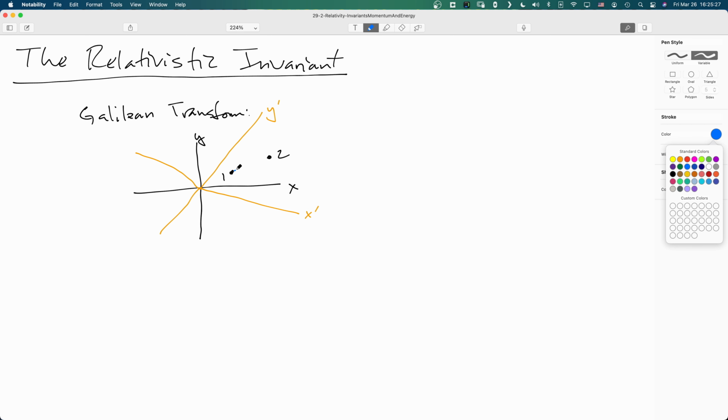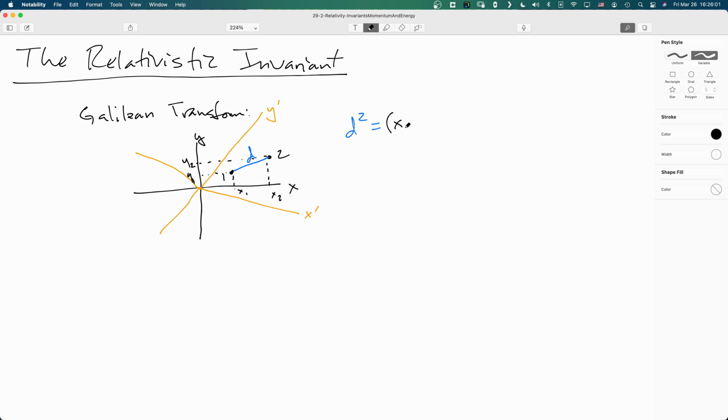And we would say that the distance between them was d, and from the Pythagorean theorem, we could say that d squared was, well, our observer S would measure this coordinate here to be x2, this to be x1, y1, and y2 like that.